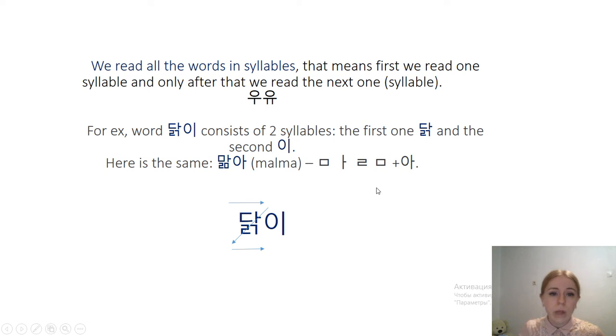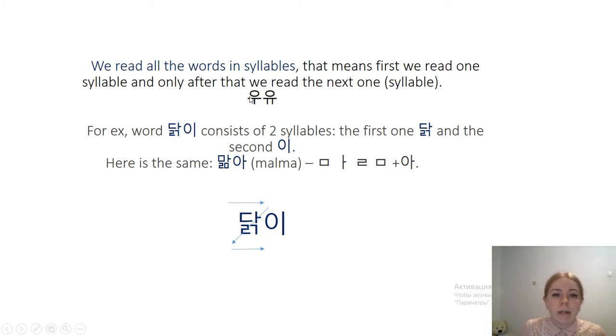Okay, let's talk about syllables again. Well, we read all the words in syllables. What does that mean? That means that first we read one syllable, and then after that we read the next syllable. So we first read u, one syllable, one vowel, it's u, and then we go and read the next one, we read u.